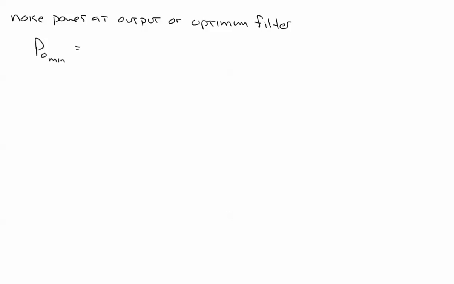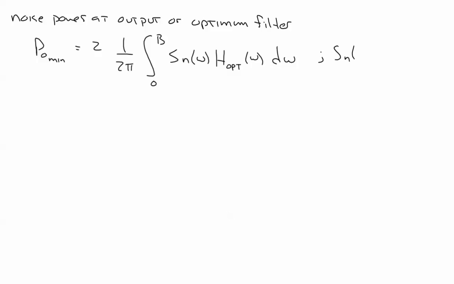equals 2 times 1 over 2 pi, integral from 0 to b of S n of omega H optimum of omega d omega. And of course, my noise power spectral density is N naught over 2.